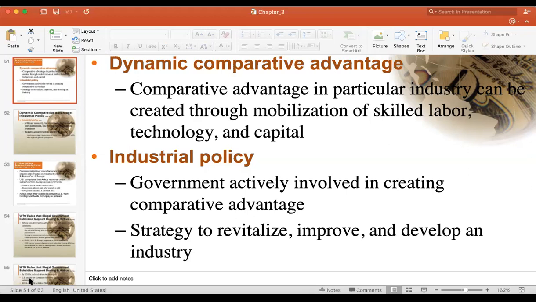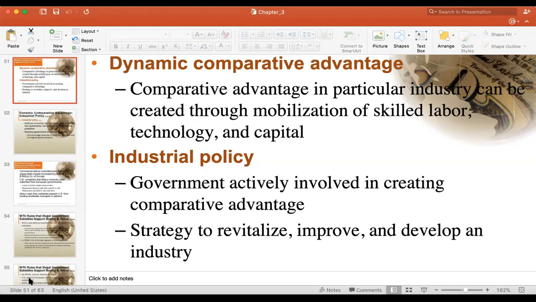And you will see that the Japanese government was simply mobilizing capital, skilled labor, technology, everything that they had at their disposal towards the steel industry for one purpose, and that purpose was to create a comparative advantage in the steel industry, and Japan was successful in doing it.